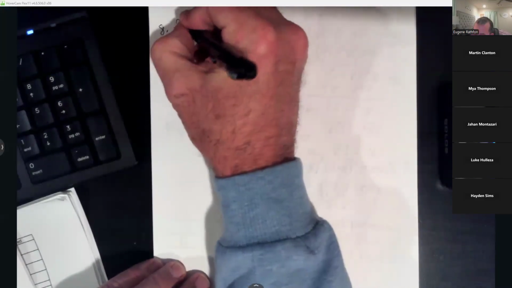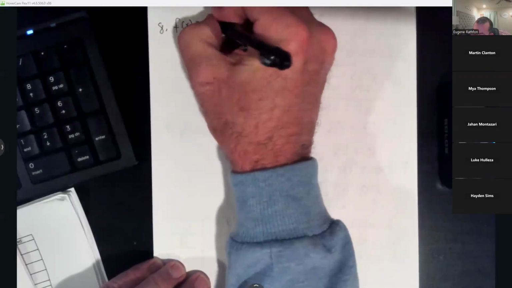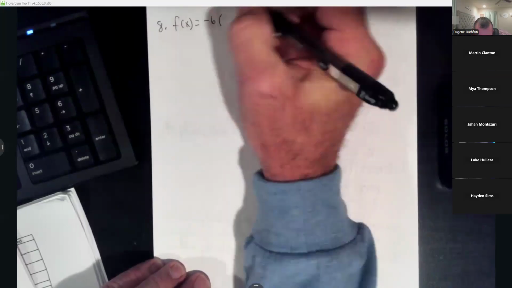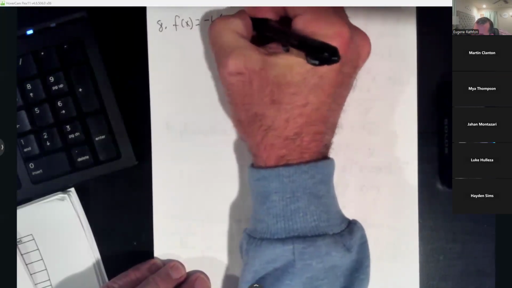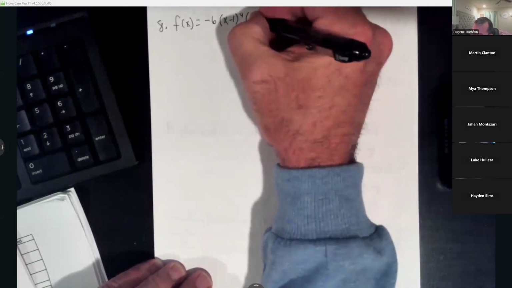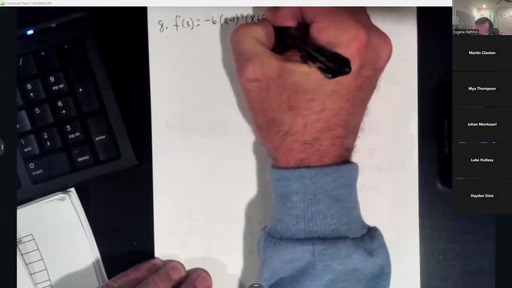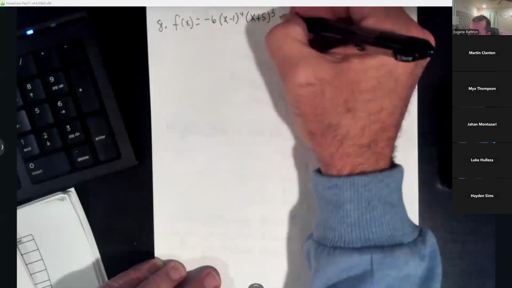F of x equals -6 times x minus 1 to the 4th times x plus 5 to the 3rd times x squared.